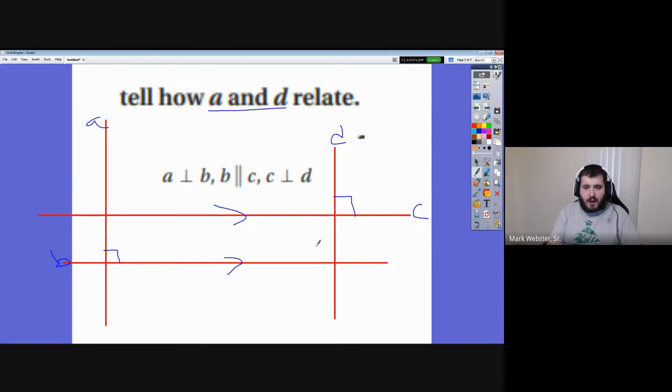They're going the same way. And to tell you the truth, you can go through and really rationalize this to the nth degree. You can be like, okay, well, I know A and B are perpendicular, so angle 1 is a right angle. Since we have parallel lines here, corresponding angles are congruent, so I know angle 2 is a right angle.